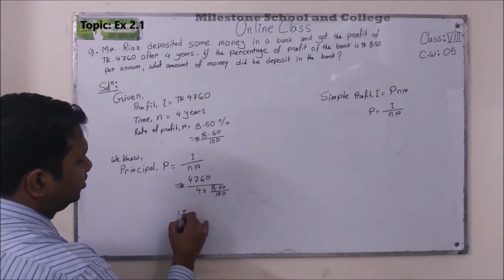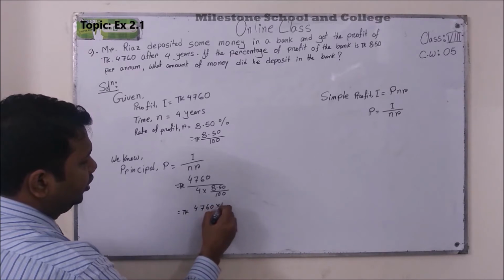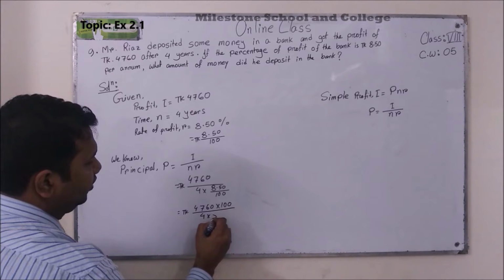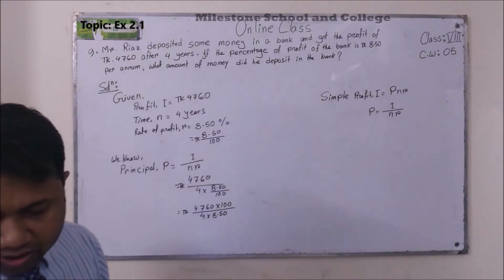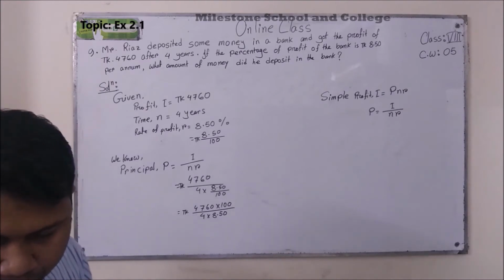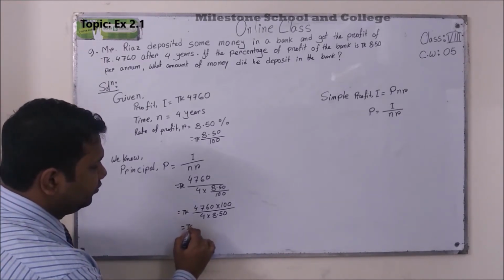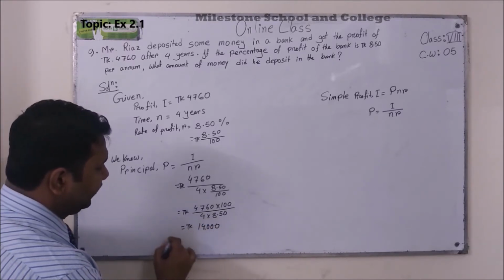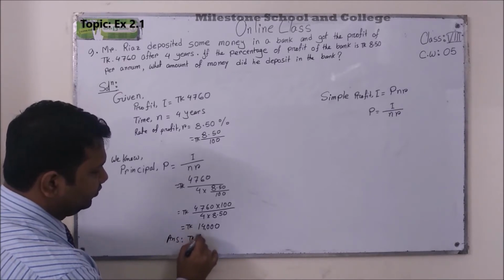So taka 4,760 into 100 by 4 into 8.50. After calculation, if you use a calculator, you will get taka 14,000. Answer: taka 14,000.